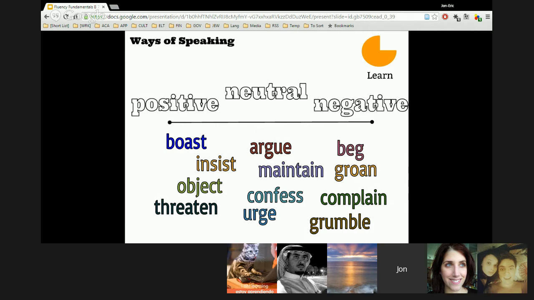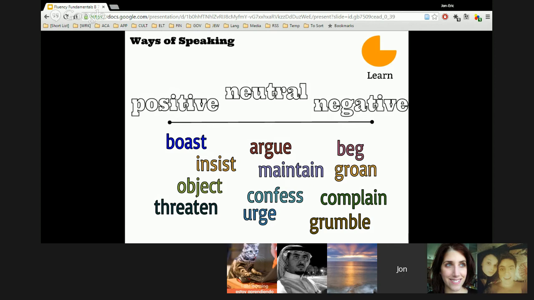However, argue could be a neutral word if you're talking about academics. In my paper, I will argue that the United States is a fundamentally religious country, even though it's supposed to be secular. So that's not a negative word there. I'm just giving you a persuasive argument. I'm arguing a point. Okay?